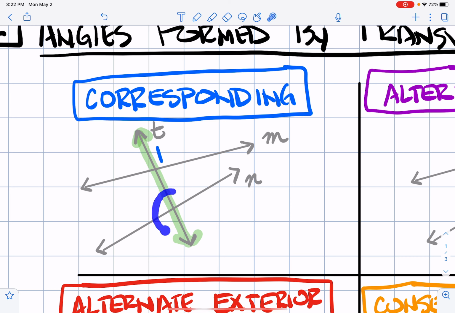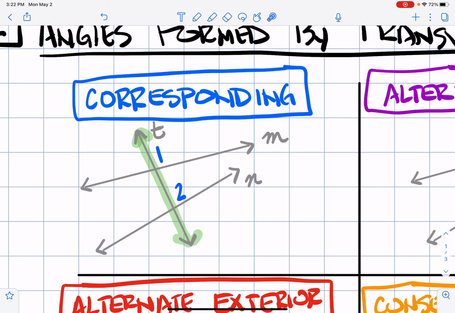Well, if I look at this line down here, where is the top right? Well, it would have to be right here. That would be, I'll call that angle 2. So 1 and 2 are called corresponding angles because they're in the same location, pretty much, of where the other line and transversal correspond to it.